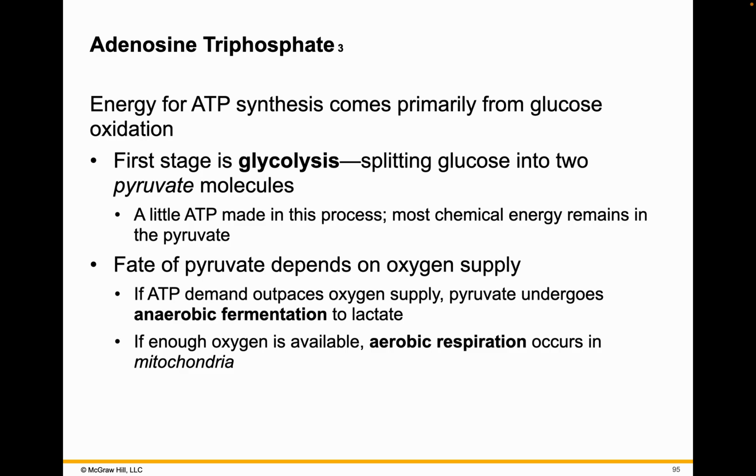The first stage would be glycolysis, in which the glucose is split into 2 pyruvates. Pyruvates, if there is oxygen present, will go through aerobic respiration in the mitochondria. If there's not, then it will go into anaerobic fermentation, or lactic acid fermentation, as you may have heard it called in other classes.